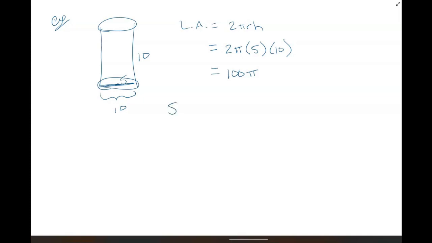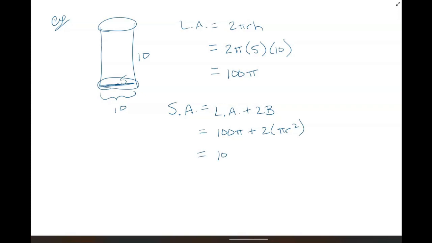Now the surface area. The surface area is the lateral area plus 2 times the area of the base. So that's actually 100 pi plus 2, and then again, my base is pi r squared.